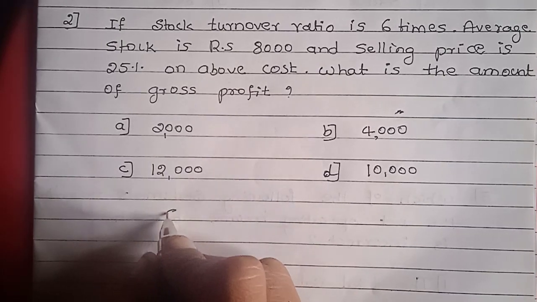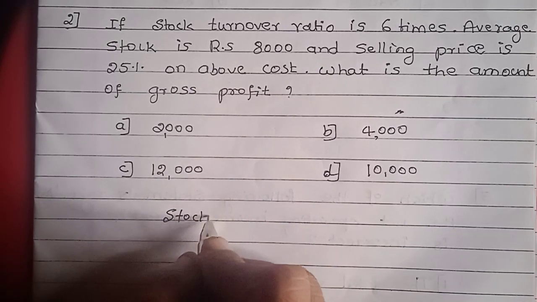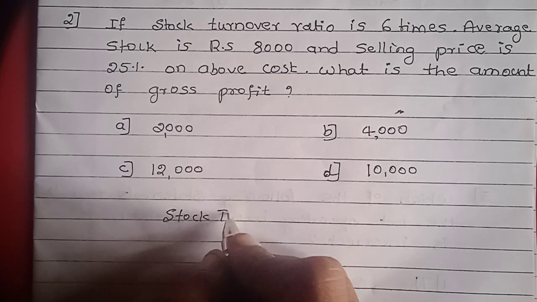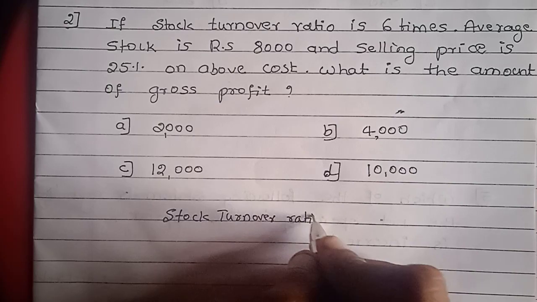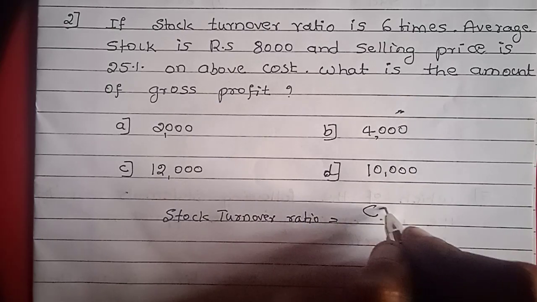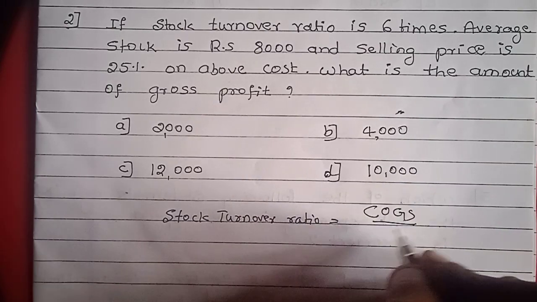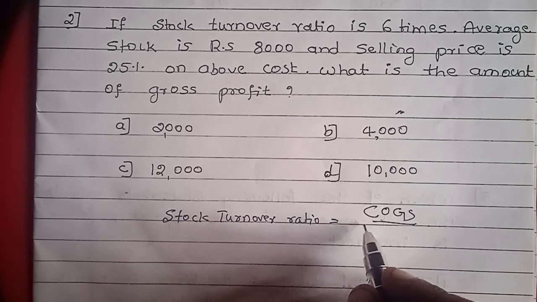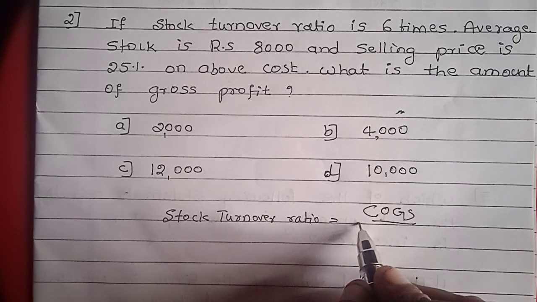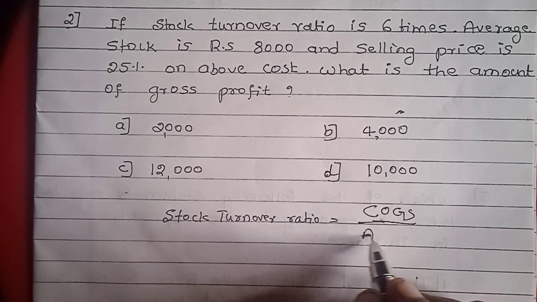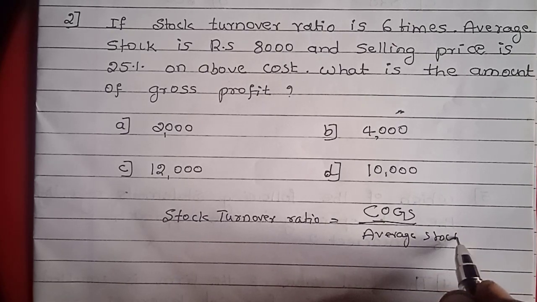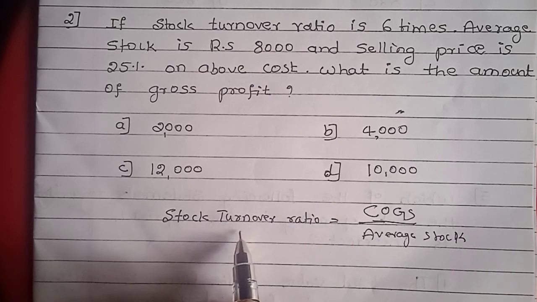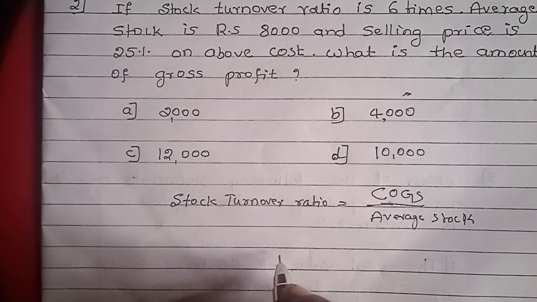First, stock turnover ratio is equal to cost of goods sold divided by average stock. Stock turnover ratio they have given 6 times.